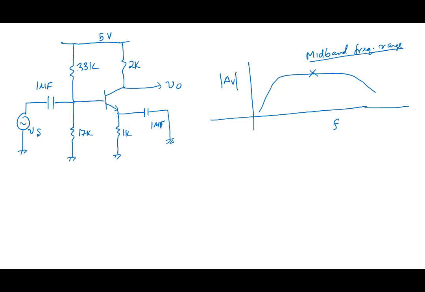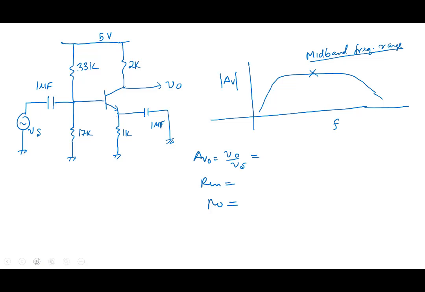In this midband frequency range, we would like to calculate the gain AV0, V0 by Vs. We would like to calculate Rin. We would like to calculate R0. These are the first things that we need to calculate.